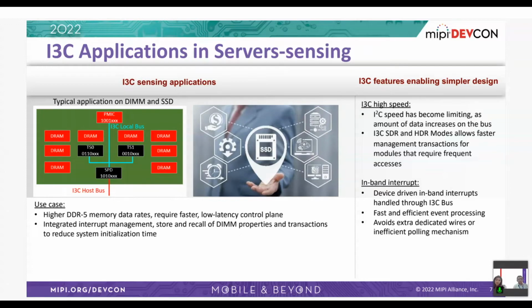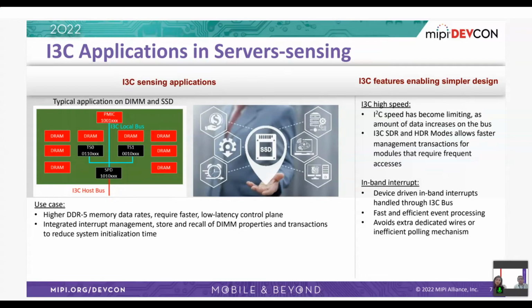To be able to perform low latency operations to configure these memory cards for different speeds, I3C plays a very critical role in being able to not only get the configuration of the system, but also to configure the system and then perform runtime monitoring of the temperature, because with higher power comes higher temperature.